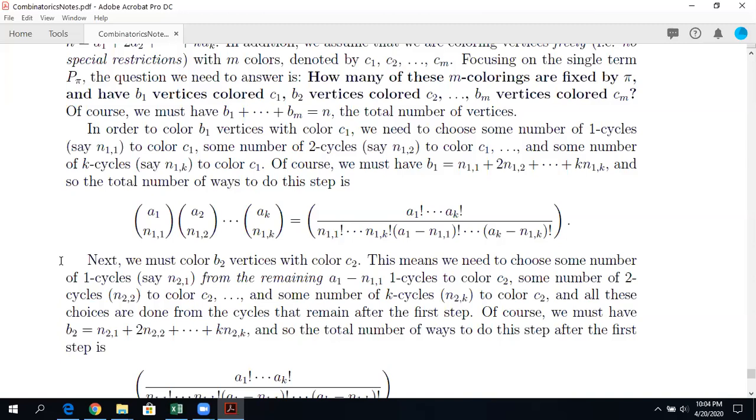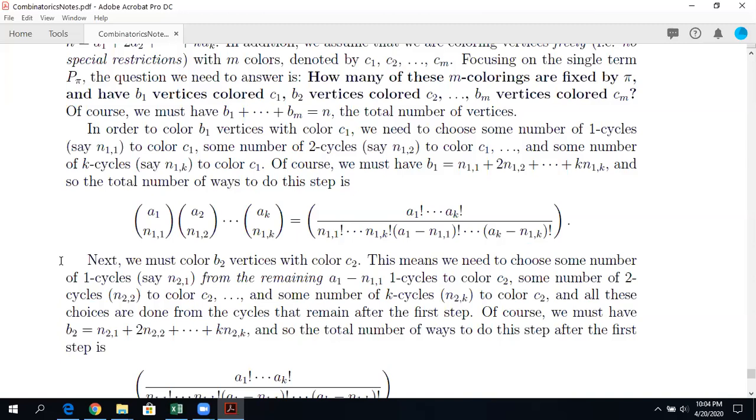Okay, so what about B2 vertices of color C2? Well, first we have to choose some number of 1 cycles, N21, since we're dealing with color 2 now. But you have to choose them from the remaining 1 cycles, and there are A1 minus N11 1 cycles. We color those C2.